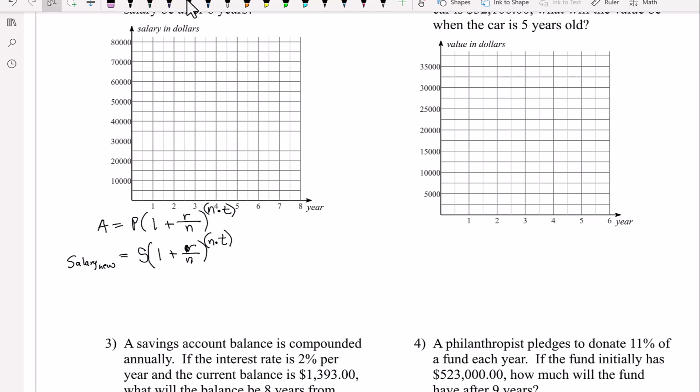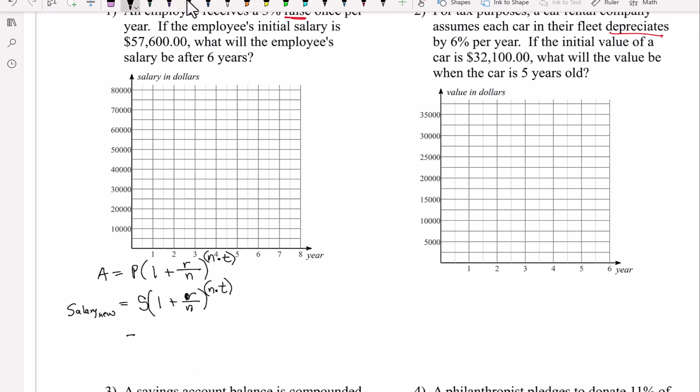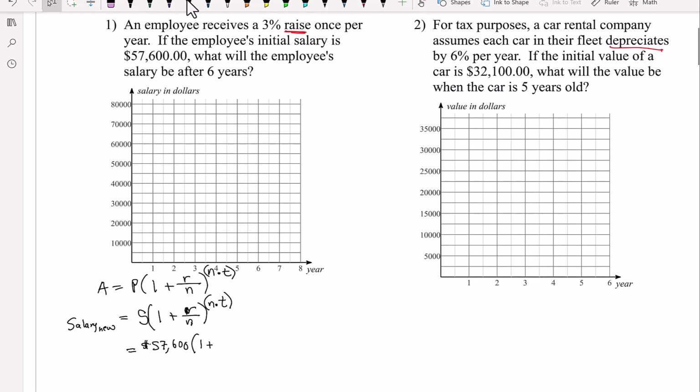So in this case, the original salary, or the beginning salary, is $57,600, times 1 plus a 3% raise, so 0.03, divided by 1, because they're getting a raise once a year. And we're going to raise that to the once a year times the number of years.